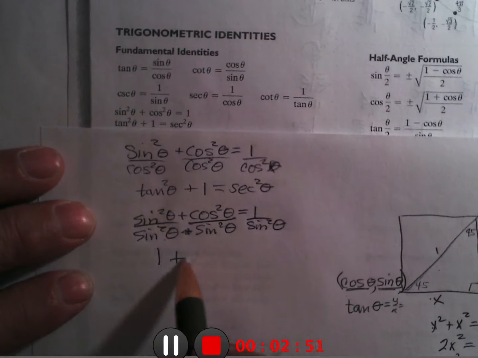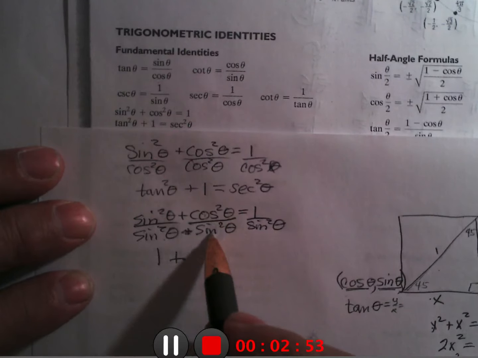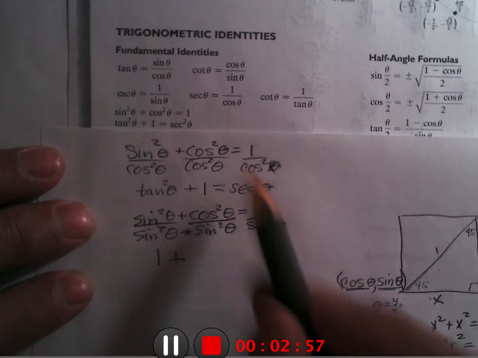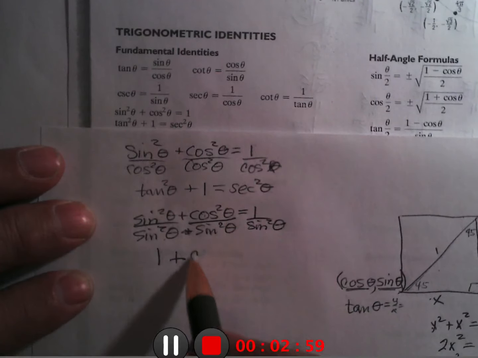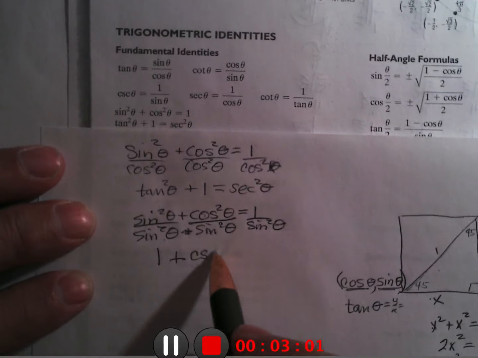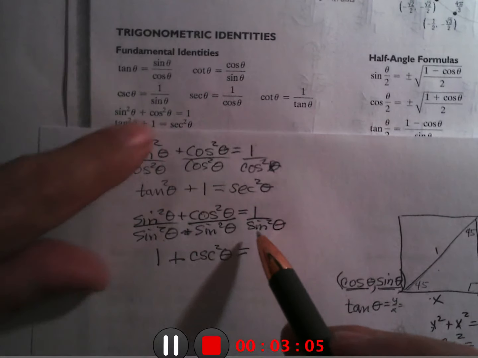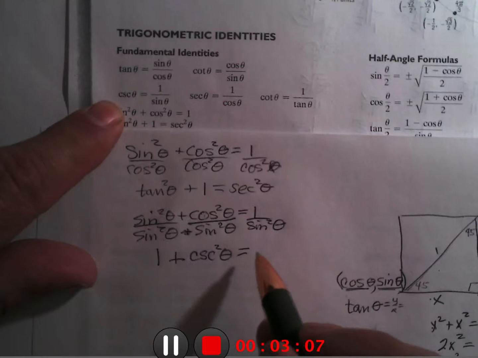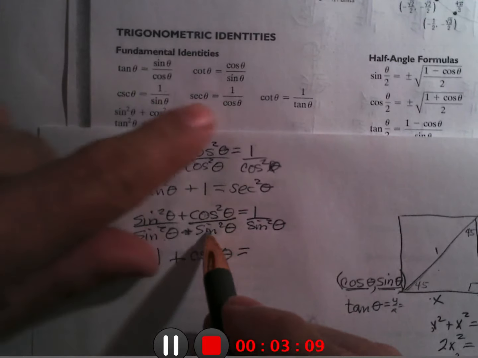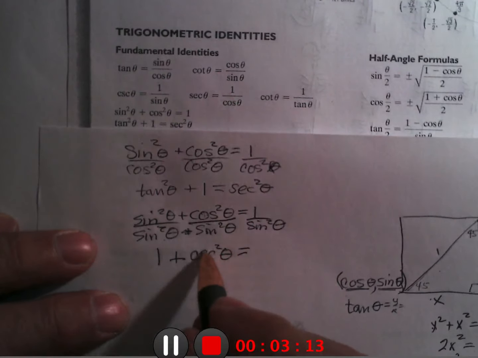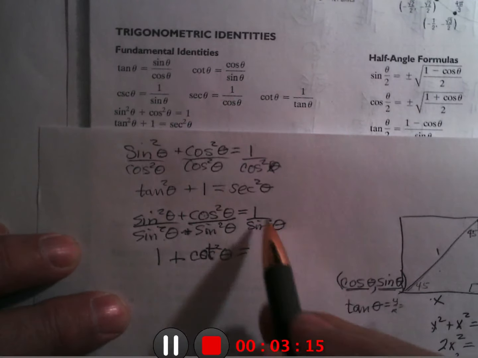Cosine divided by sine is cotangent, and this is squared, so this will be cotangent squared theta. And 1 over sine is cosecant.